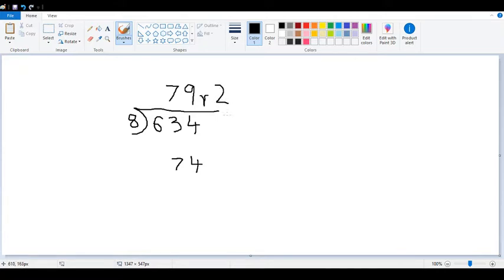Now the remainder at the end is always less than the divisor. The answer we see here is the quotient. If you could make the remainder like so, you could have it as a 0.25 or 1/4, however you wish, really.